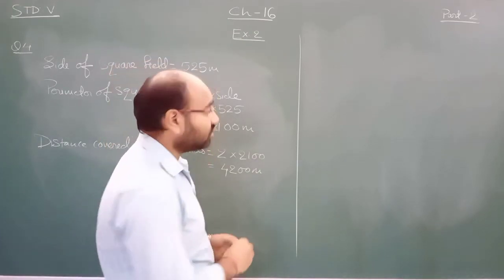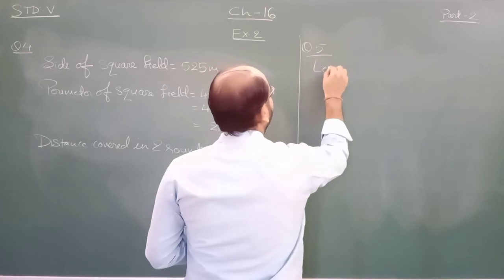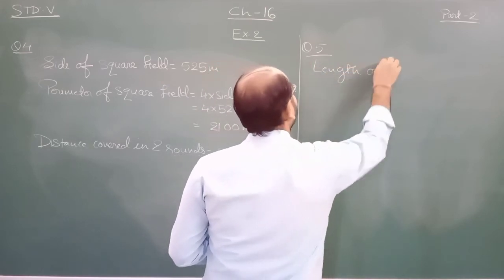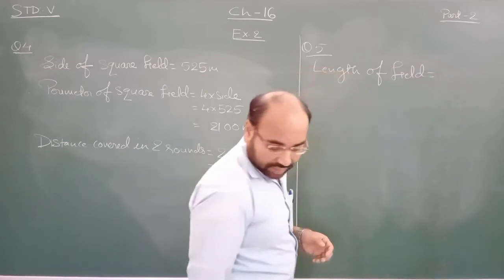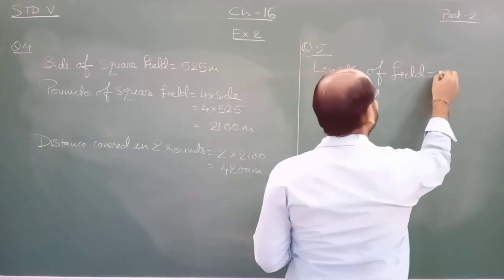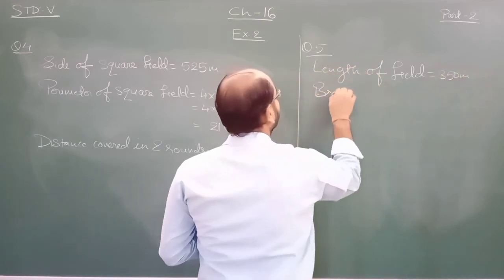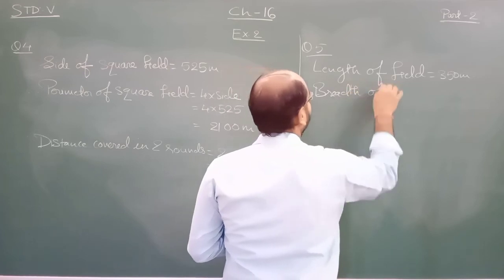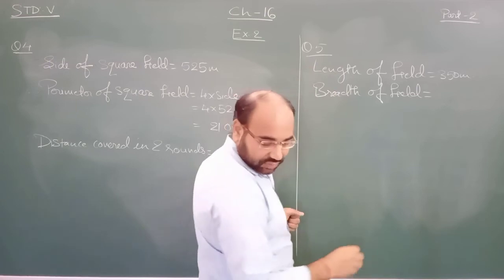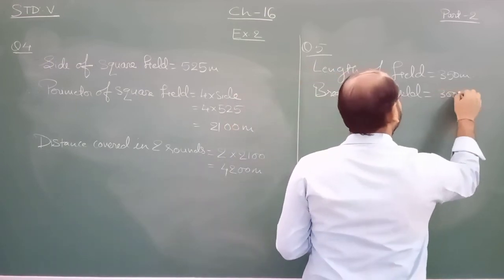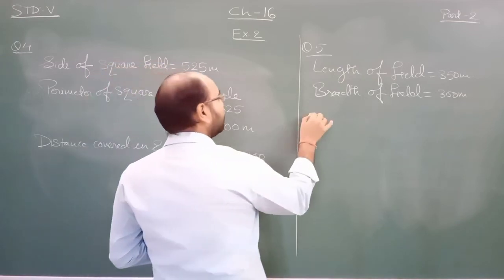So let us begin question number 5. So what is given? The length of field is given, that is 350 meter. Then the breadth of field is given as 300 meter. And now what we have to find out? Perimeter.